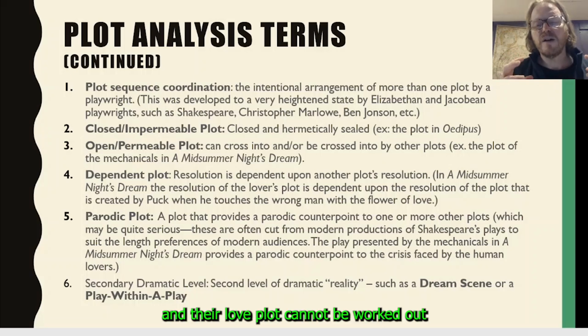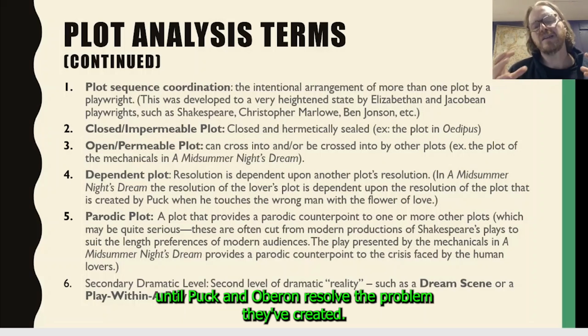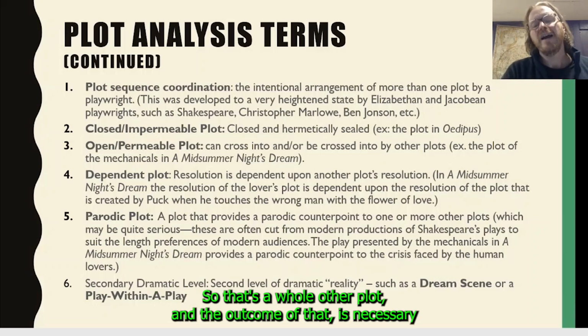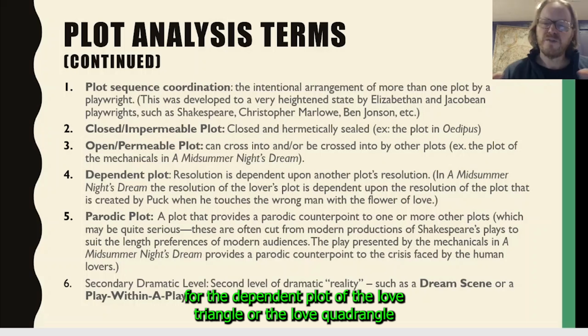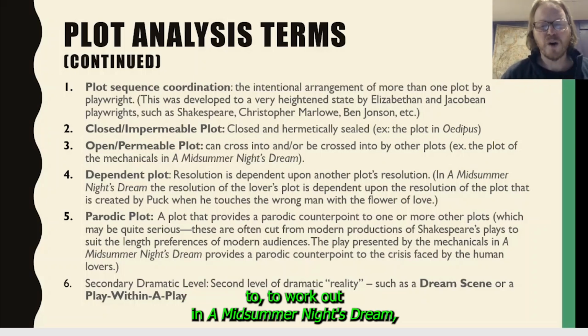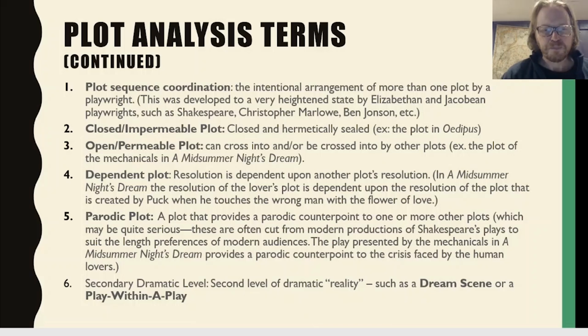Their love plot cannot be worked out until Puck and Oberon resolve the problem they've created. That's a whole other plot, and the outcome of that is necessary for the dependent plot of the love triangle or the love quadrangle to work out in A Midsummer Night's Dream.